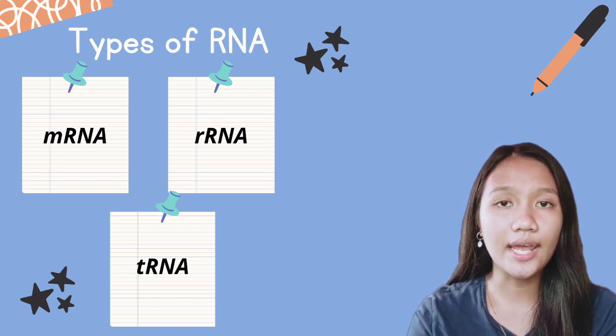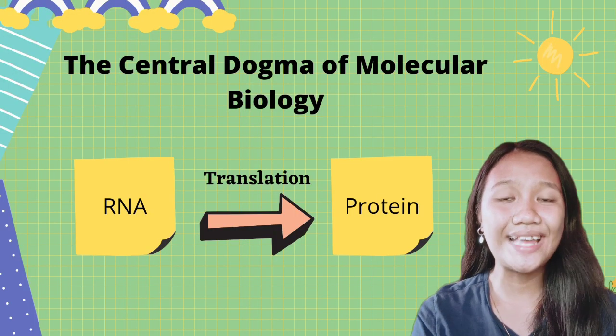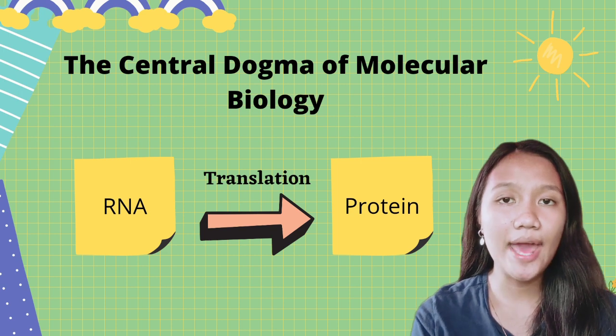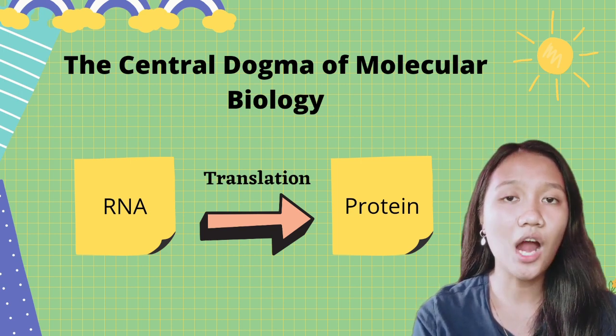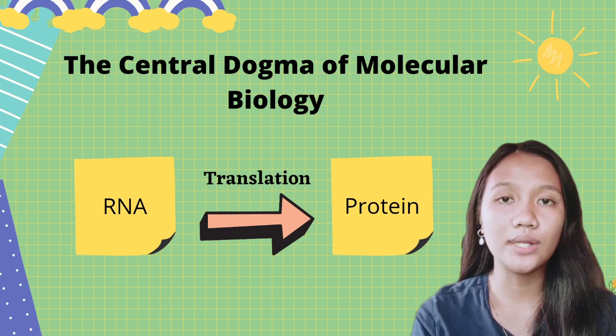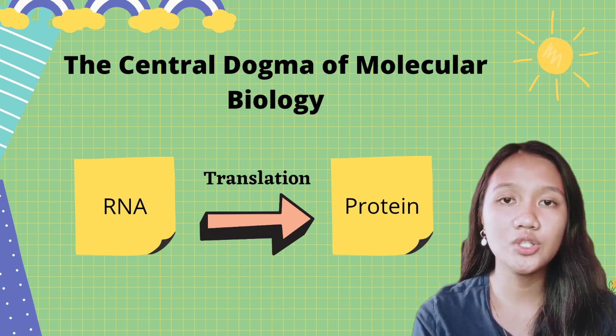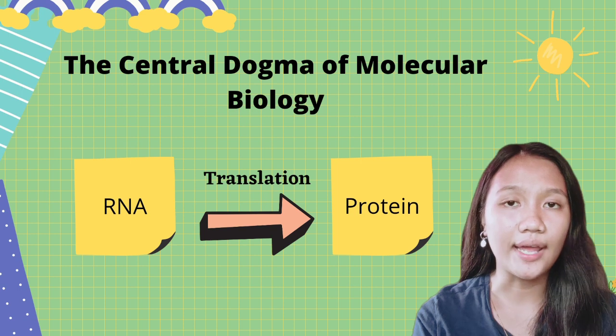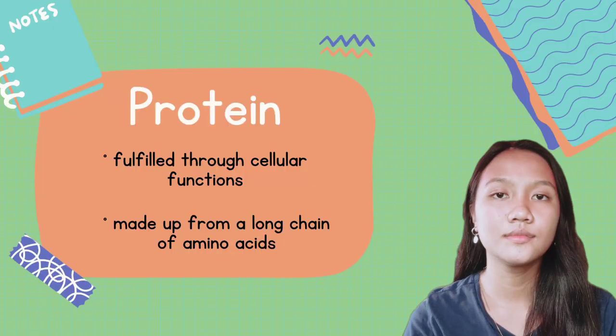The tRNA carries amino acids and works with the rRNA to enable the process of translation. Translation takes place when the mRNA is read as a template by the rRNA, the proteins in the ribosome, which also use tRNA to make proteins out of amino acids.